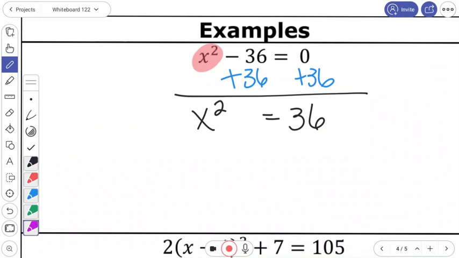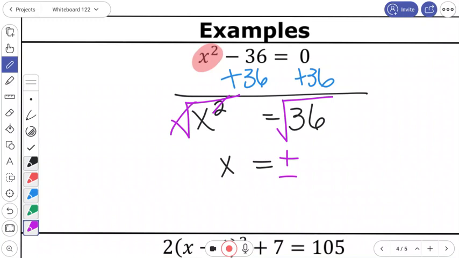Our next step is just going to be undo squared. I don't want x squared, I just want x. So we've got to take the inverse operation or the opposite. We're going to take the square root. Our square root and our squared functions undo each other so that all we're left with is x. So x equals, remember when you take the square root of both sides, immediately put your plus or minus, don't forget it.